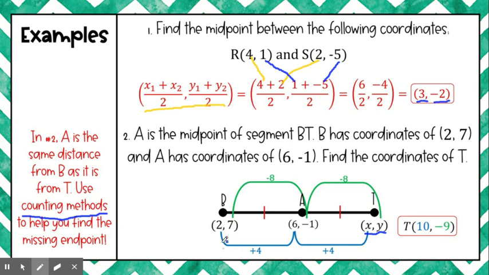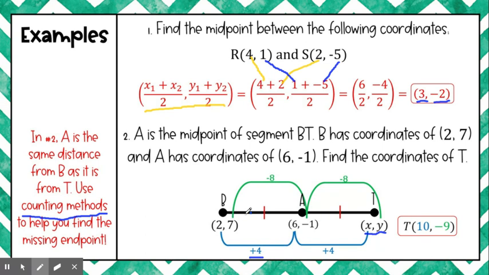So what we can look at, we need an x value and a y value. So for x, we're going to follow the blue lines. So from our first endpoint to our midpoint, how do we get from 2 to 6? That's right. We add 4.